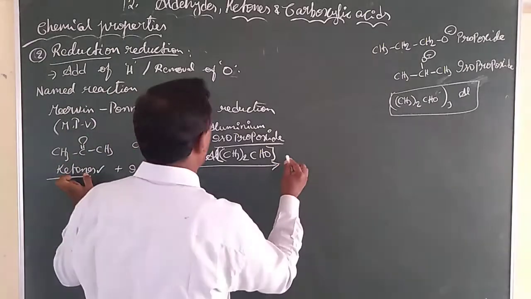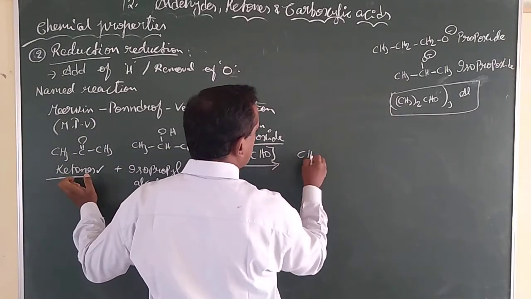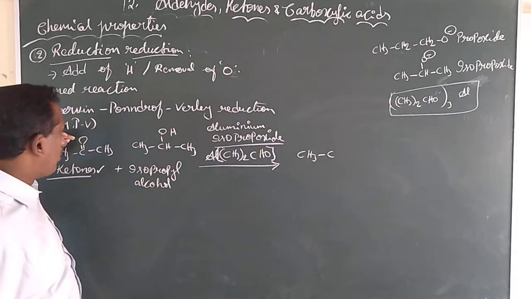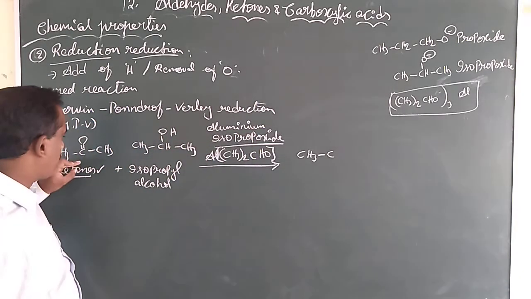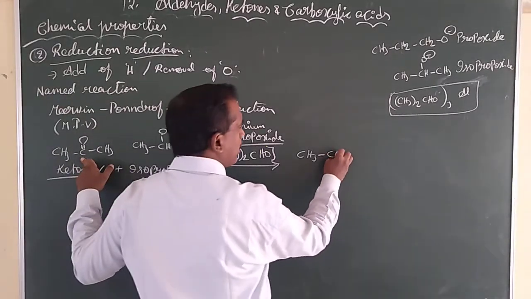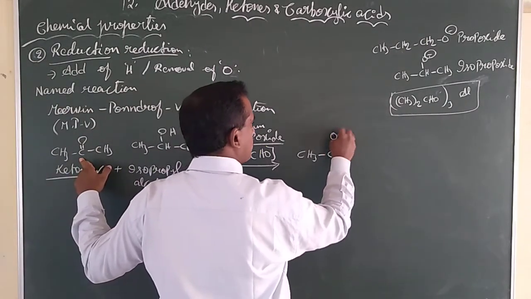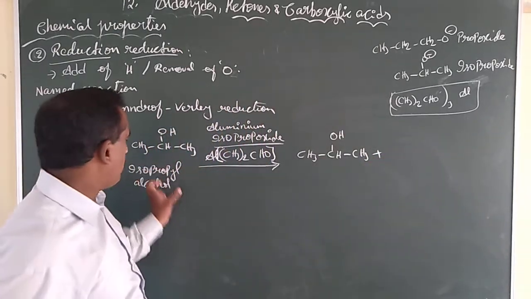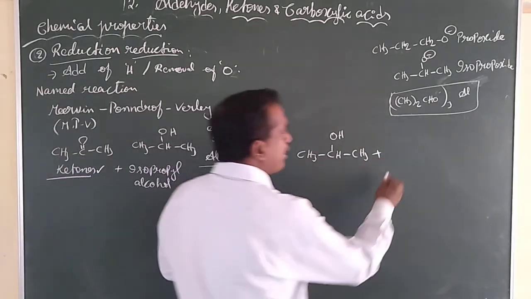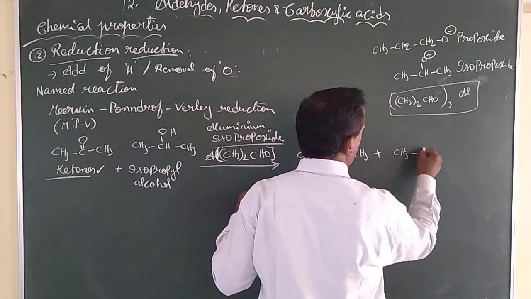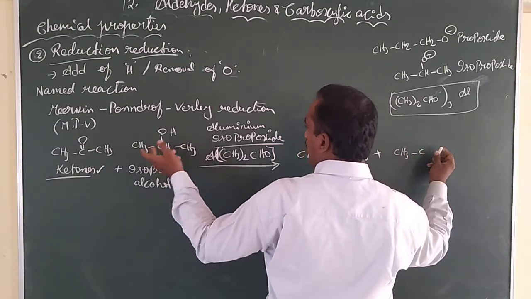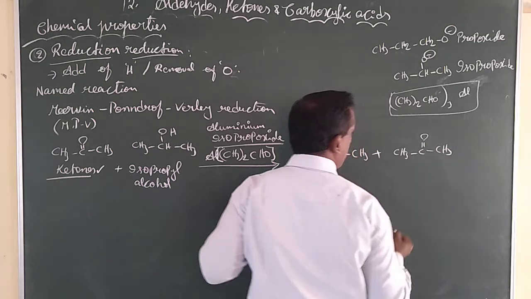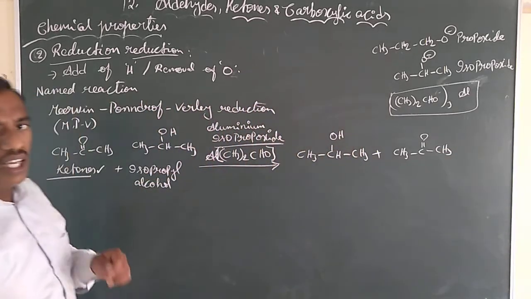For example, in our ketone CH3, C double bond O, one hydrogen will be added to the oxygen and one hydrogen will be added to the carbon. The isopropyl alcohol will be oxidized because it is losing the hydrogens.